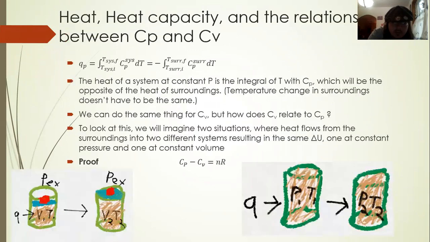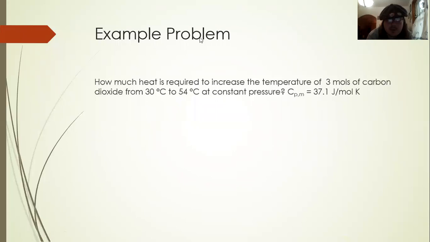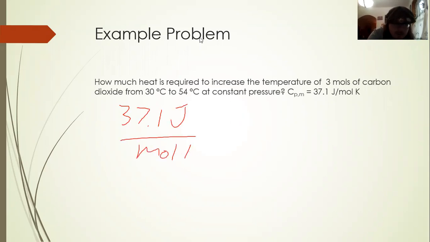Just really easy. 37.1 joules per mole Kelvin times 3 moles times the delta T. Now I could turn this into Kelvin, but the difference will be the same. 54 minus 30 is going to be 24 Kelvin.